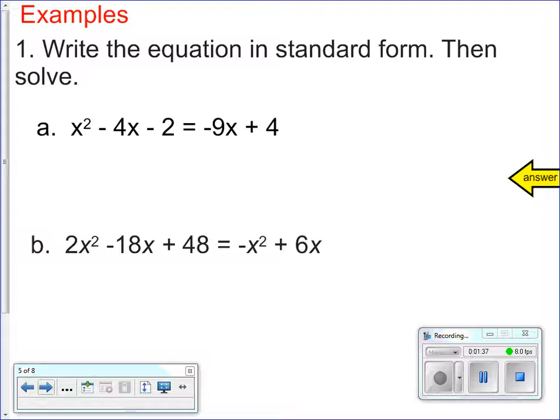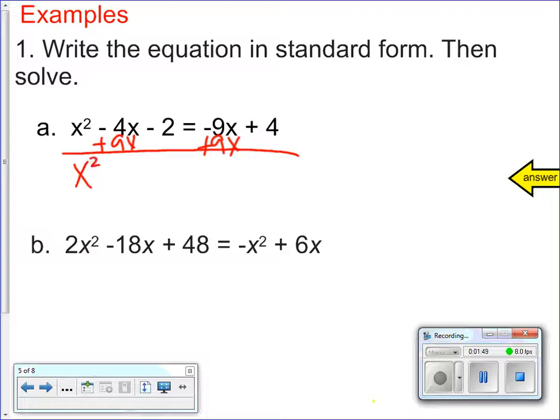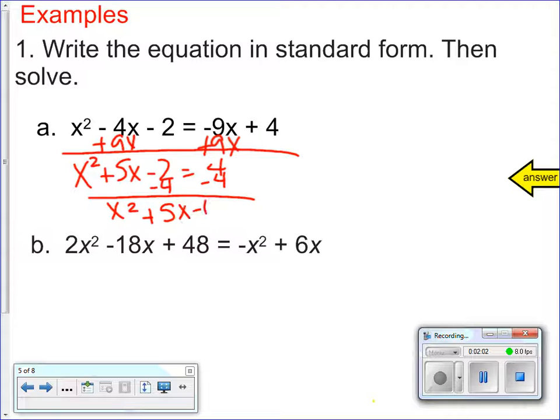So for some examples, we write the equation in standard form and then solve. In this first one, we're going to start by adding 9x to both sides. It gets us x squared plus 5x minus 2 equals 4. Subtract 4 from both sides, and we get x squared plus 5x minus 6.